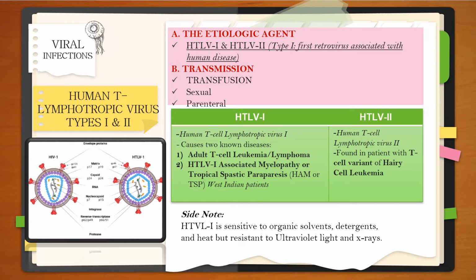HTLV-1, or human T-cell lymphotropic virus 1, is known to cause diseases like adult T-cell leukemia and HTLV-1 associated myelopathy or tropical spastic paraparesis, termed HAM and TSP.